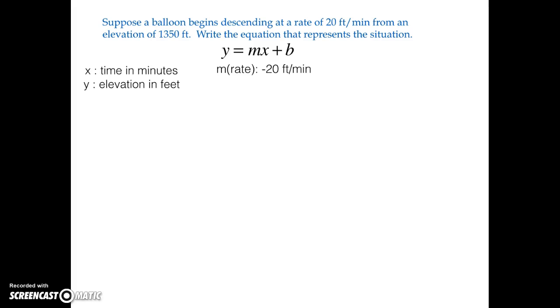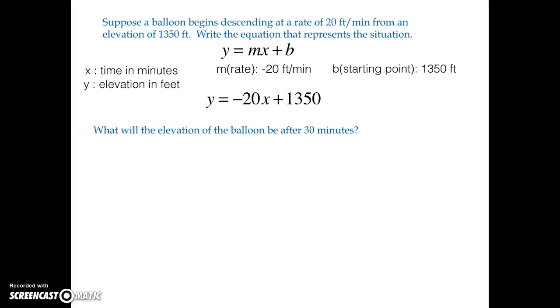We know m, which is the rate, is negative 20 feet per minute. We use negative because we have the word descending. And b, which represents the starting point of our balloon, was an elevation of 1,350 feet. To fill in the information into our equation, we get y equals negative 20x plus 1,350.